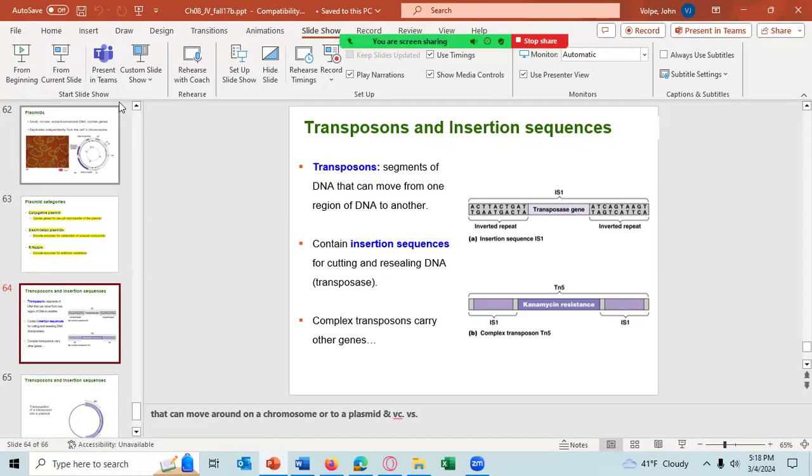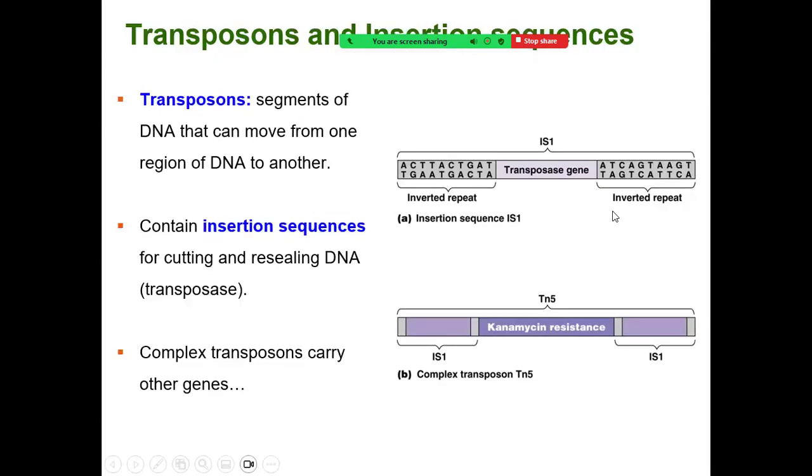Transposons always include the transposase gene, and they also have an inverted repeat on both ends of the transposase gene. It's believed, we should say, that the inverted repeat helps the transposase move into a new region of DNA.